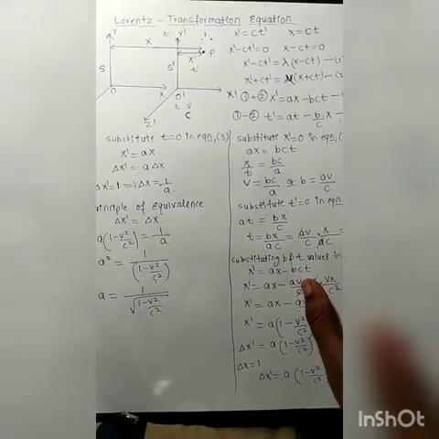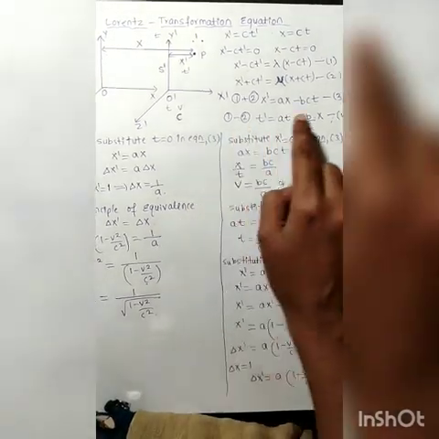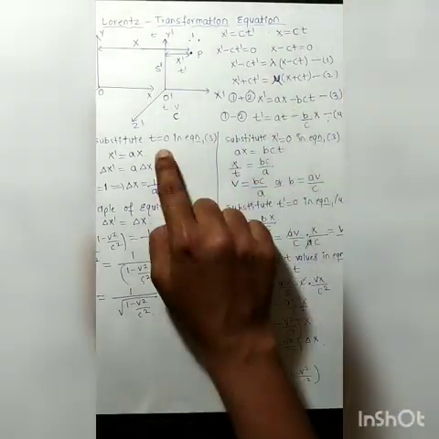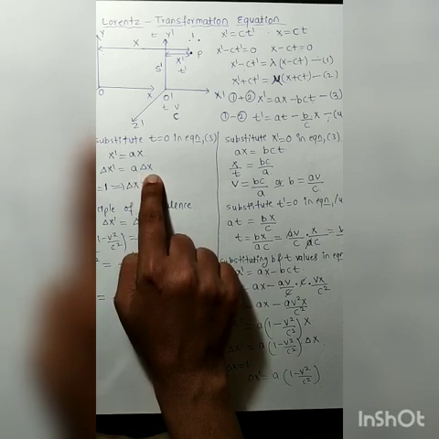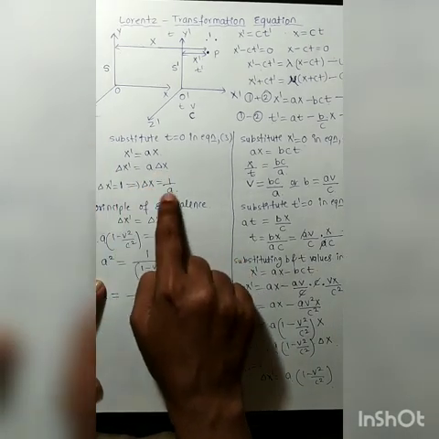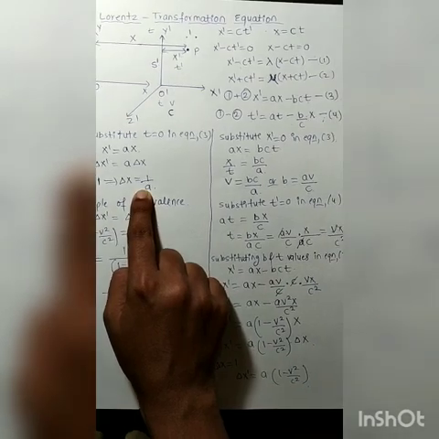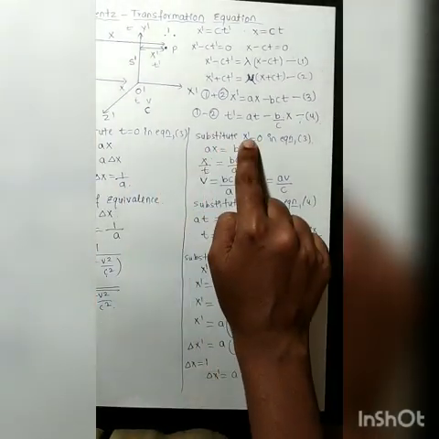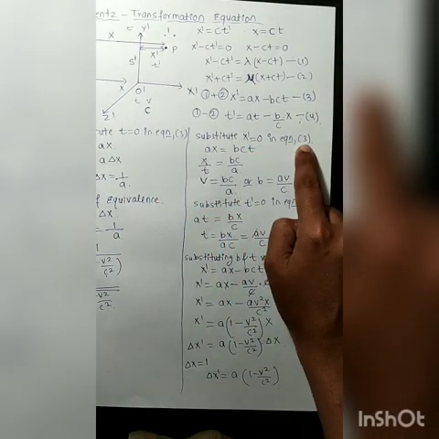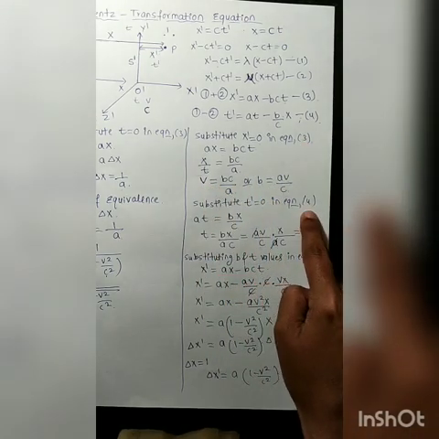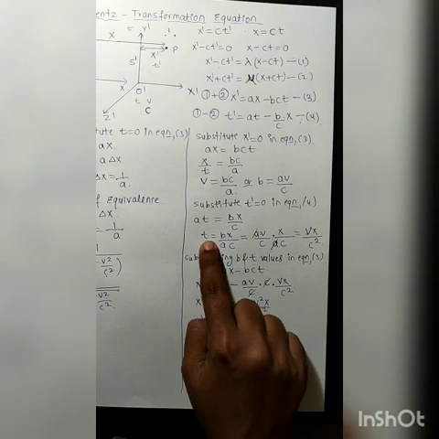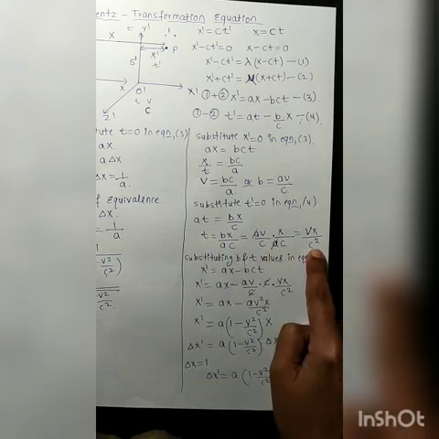Now in the third equation substitute t is equal to 0, so we get delta x dash is equal to a into delta x. If it is 1, we got delta x is equal to that. At the same time, substituting x dash is equal to 0 in equation number 3, we get the b value, and substituting t dash is equal to 0 in equation number 4, we get the t equation.